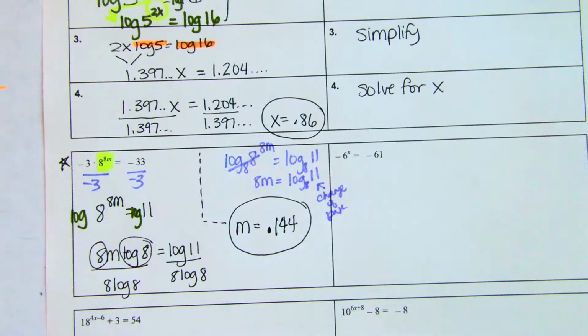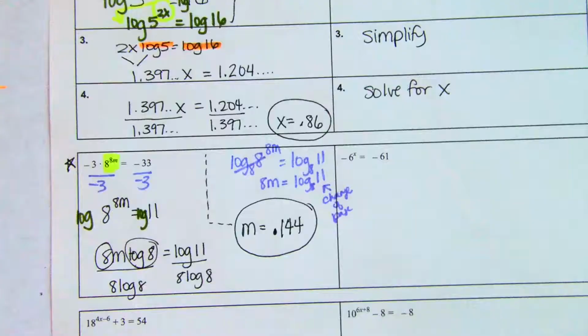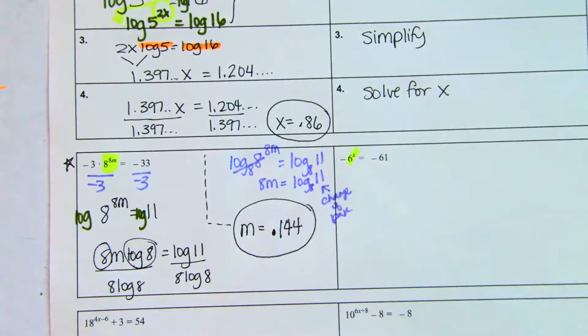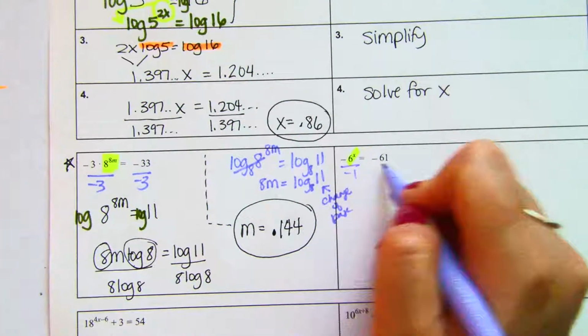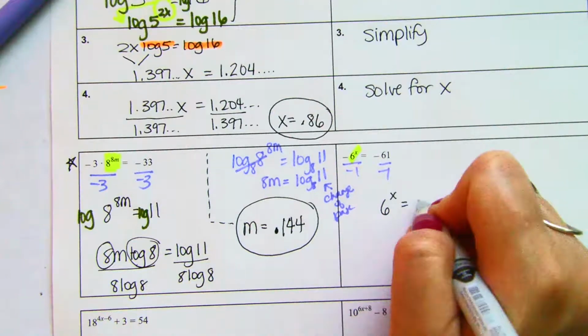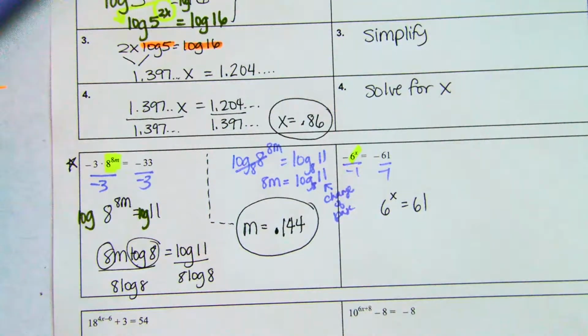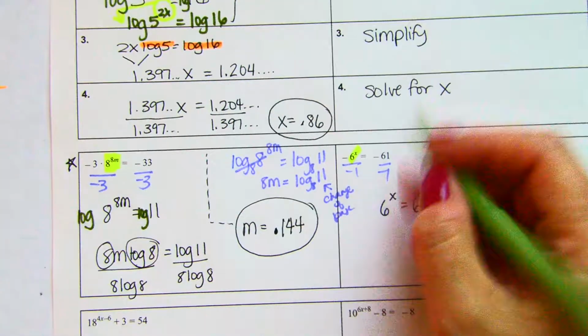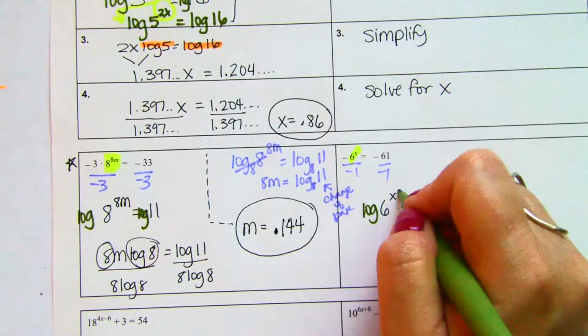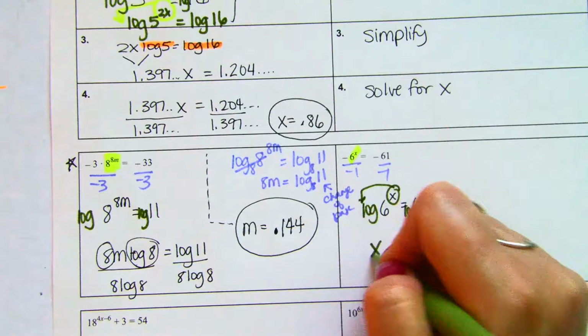Yay. Okay. On this one, when I want to isolate the power here, remember there's a -1 there. So you're going to divide by -1, which gives you 6 to the x equals 61. One more time, I cannot write these with the same base. So I'm going to do just log base 10. And I'm going to bring my power in front.